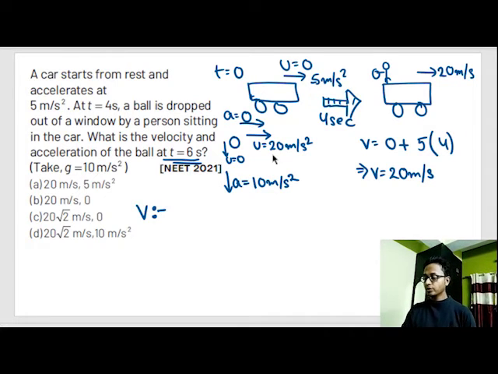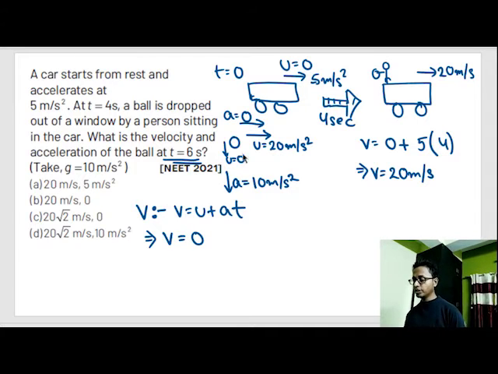So 2 seconds after throwing the ball, I can apply v is equals to u plus at in vertical component. What is v? v is the final velocity. Initial velocity in vertical component was equals to 0 because the ball is dropped, plus acceleration is minus 10.